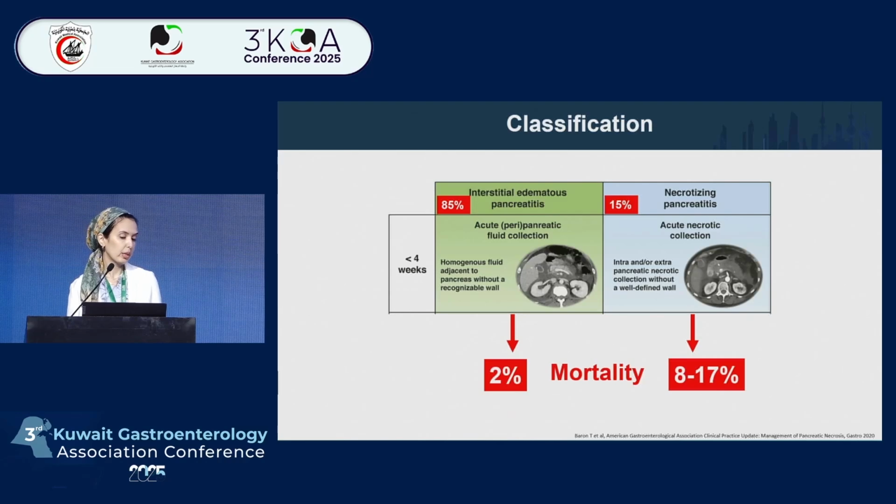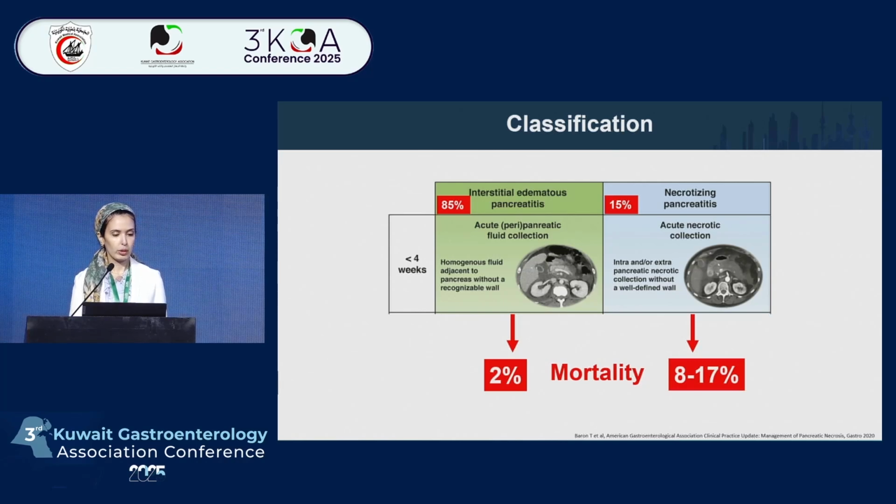So acute pancreatitis we classify into two types: interstitial edematous pancreatitis and necrotizing pancreatitis. Of course, interstitial pancreatitis is much more common, occurring in 85% of acute pancreatitis cases. This is due to inflammation, which damages pancreatic ducts and then leads to extravasation of pancreatic fluid.